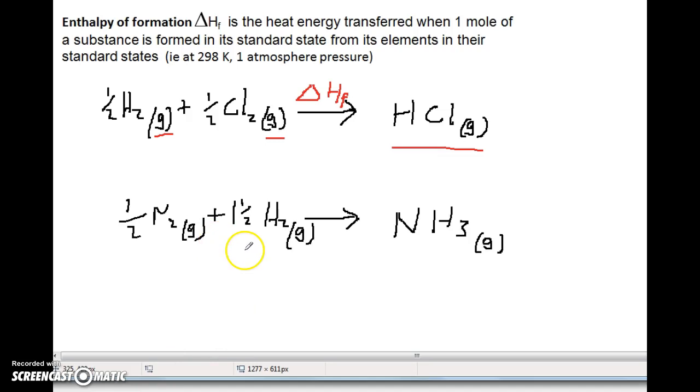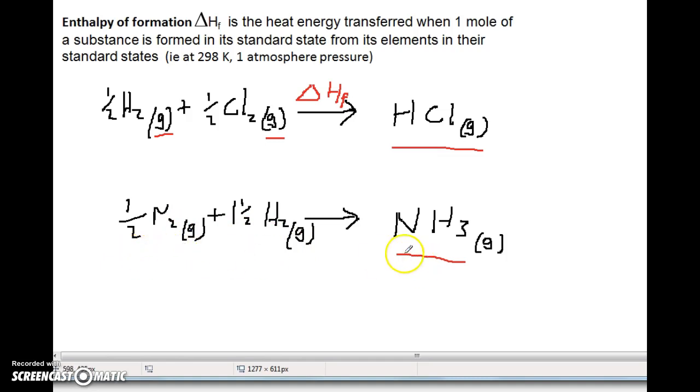Here's another example. So this time we're going to make 1 mole of ammonia, 1 mole of NH3. NH3 is a gas in its standard state, that's 298 Kelvin, 1 atmosphere pressure. Ammonia would be made from nitrogen and hydrogen, both of which exist as N2 and H2.